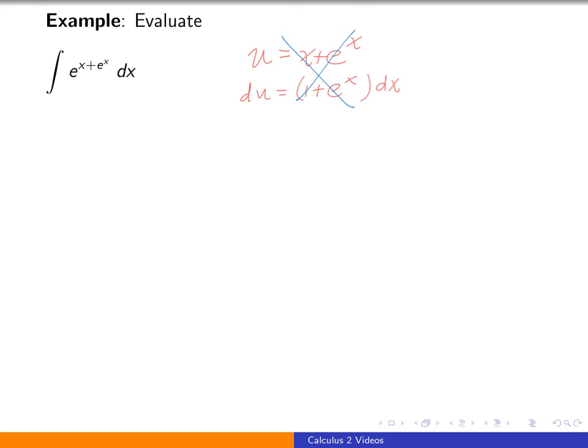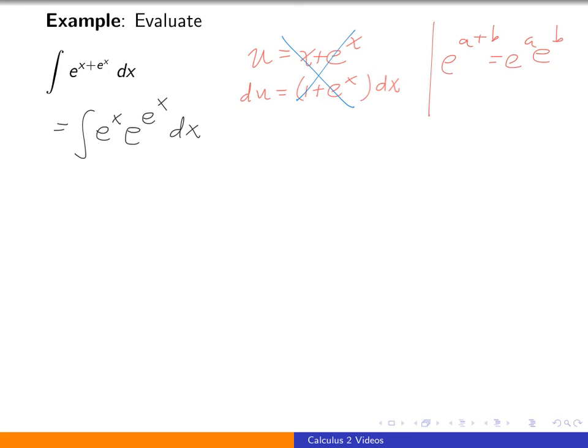Now, another reminder would be that a little bit of algebra can sometimes go a long way. And going back to our properties of exponentials, and let me remind you to the side here, e to the a plus b is e to the a times e to the b. So this would be e to the x times e to the e to the x.